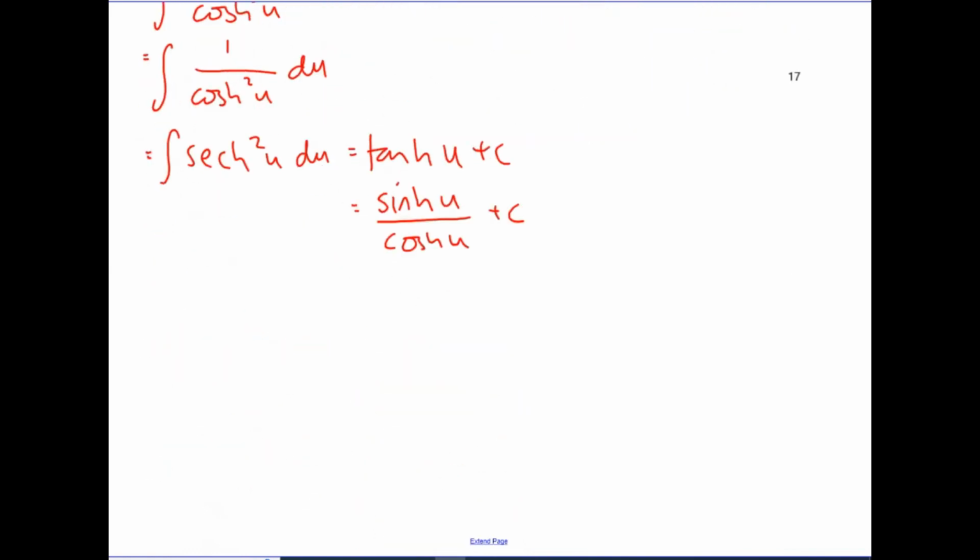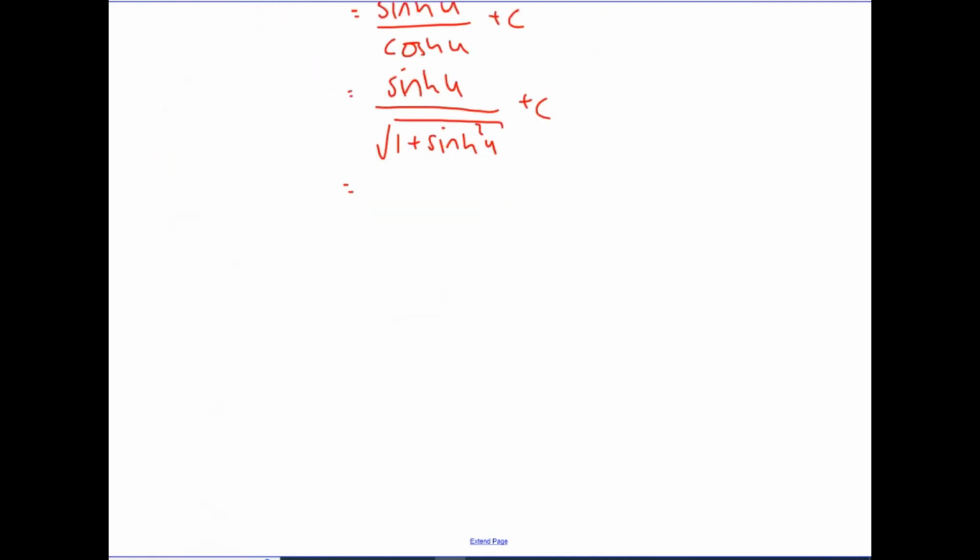So rewriting this in terms of sinh gives me sinh u over root 1 plus sinh squared u, plus c. And then swapping the x for sinh u gives me x over root 1 plus x squared, plus c.